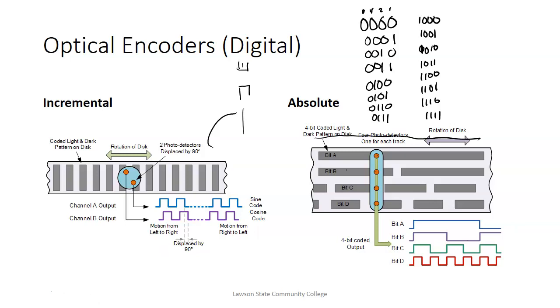We call these quadrature incremental encoders. So not only can we get position, but we can also get direction. On a robot, we've got to know which direction it's going. So it tells our counters either to count up or count down. What sets the resolution of these is how many digits your counter can count to.